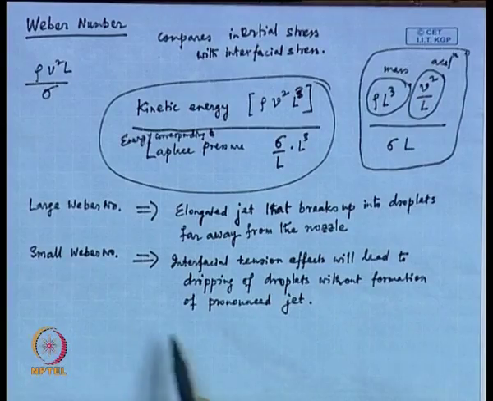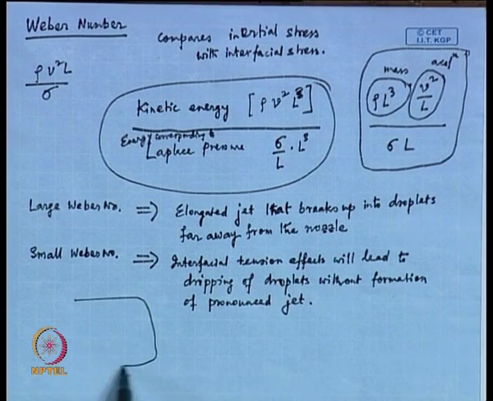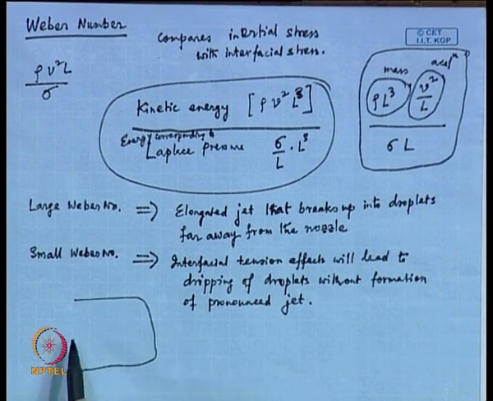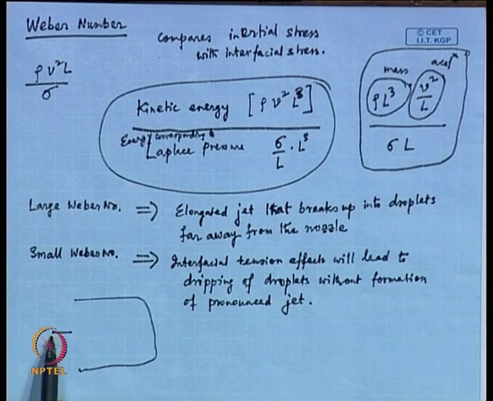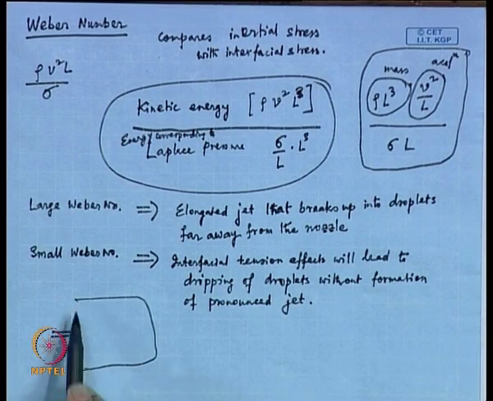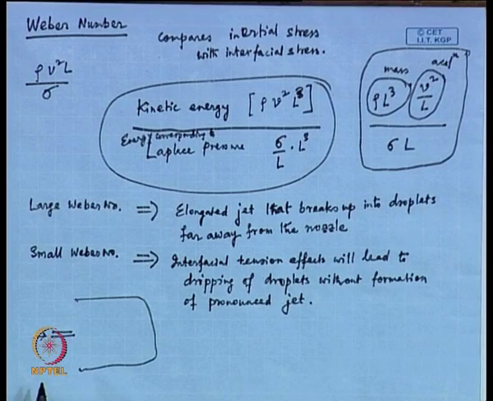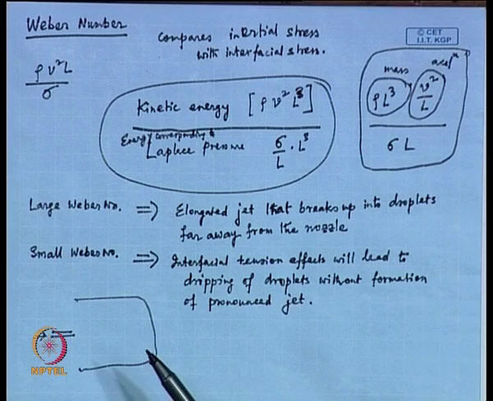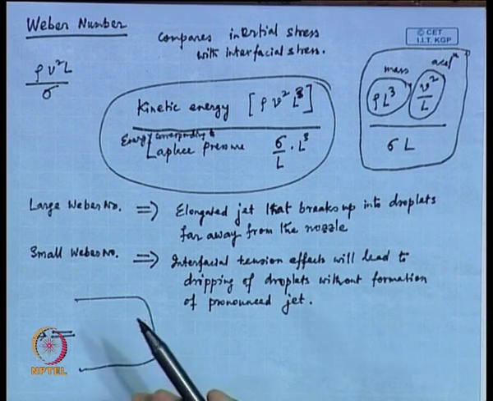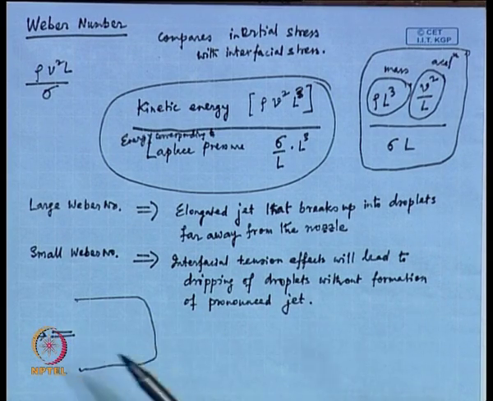Think of it this way: I have a pool of some phase, and you are introducing another phase. It could be that you are introducing air into a pool of water, or water in a pool of oil. It could be one phase you are introducing into another phase.